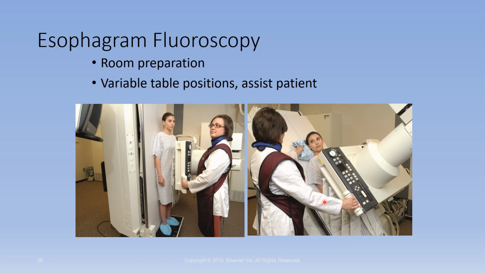At some point during the exam, they'll lay the table down, have the patient roll around into some different positions and take more pictures. And when they're done with all of their imaging, they would leave the room, and then we would come in and take over the rest of the exam, and we would typically do what are called our overhead images, or the images that are taken after fluoroscopy.